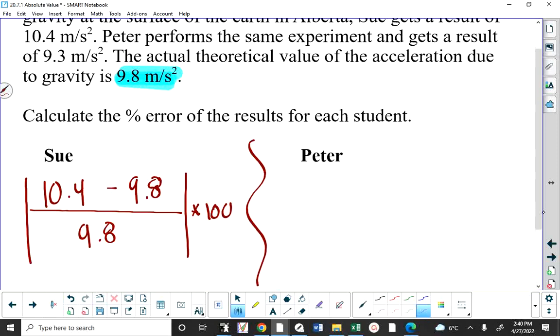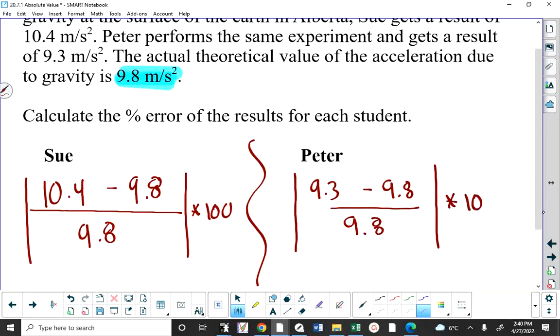Peter is going to have the absolute value of 9.3 minus 9.8 all over 9.8 multiplied by 100. And I would like everybody to calculate both of those. So you have to simplify or calculate what's inside the absolute value first. Once you've done that, then take the absolute value, then multiply by 100.